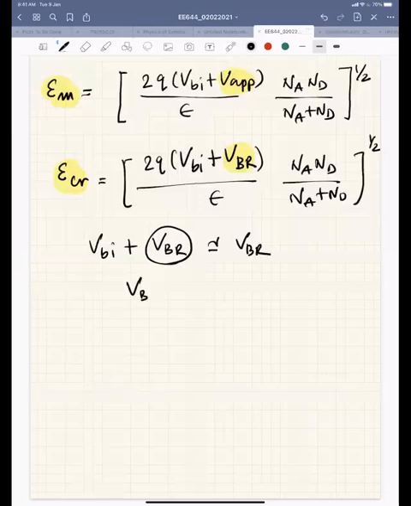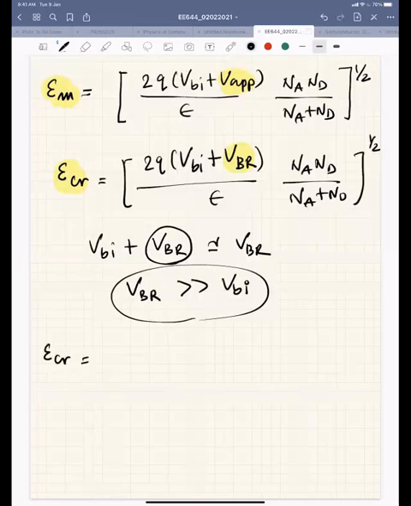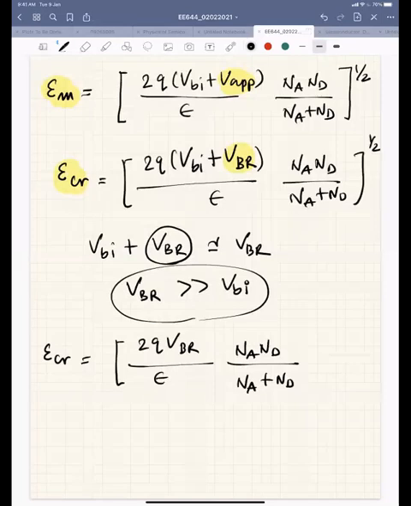Your VBI, your built-in potential, will be around 1 volt, but breakdown voltage is much higher than 1 volt, right? So your critical field you could write also as 2q breakdown voltage divided by epsilon NAND divided by Na plus Nd to the power half.